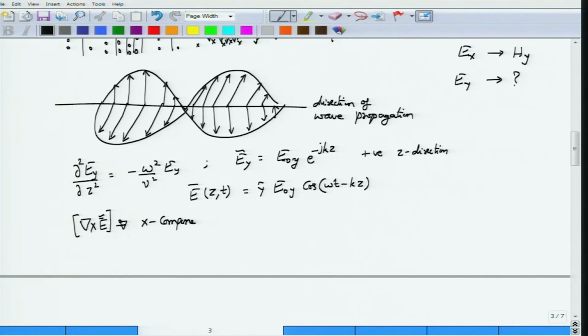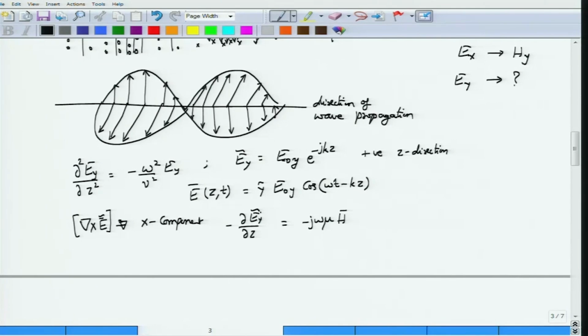Why would it have the x component? Because you have Ey component varying as a function of z, and the x component of this is actually given by minus del Ey by del z. So this is the component which must be equal to minus j omega mu H, right.